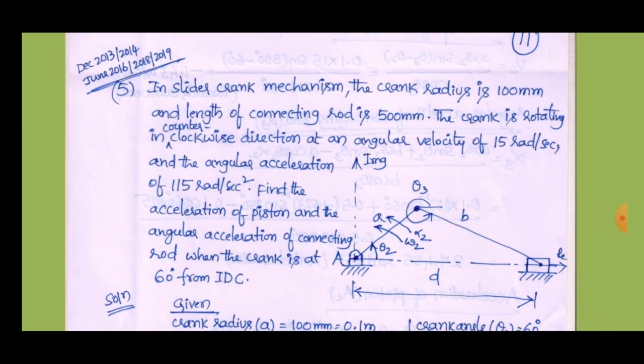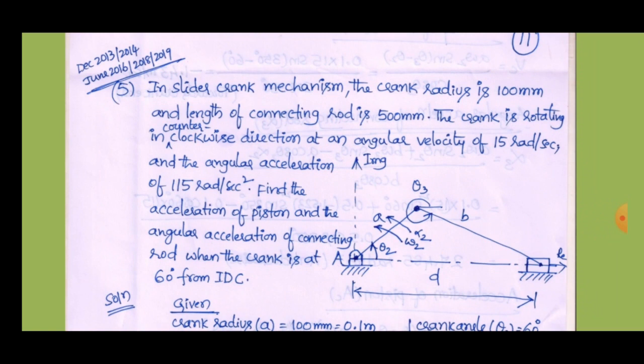The crank is rotating in counterclockwise, means anti-clockwise direction at an angular velocity of 15 radians per second. So directly here omega 2 is given, because if I look at units, you can understand it is angular velocity.